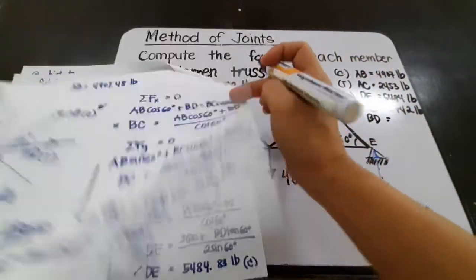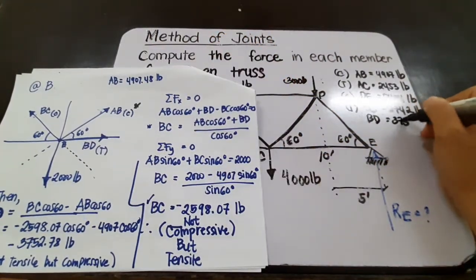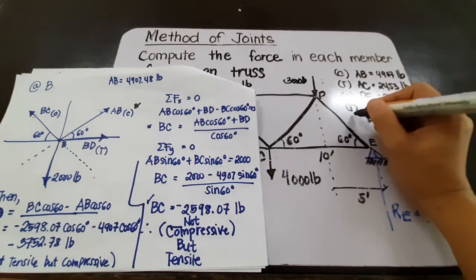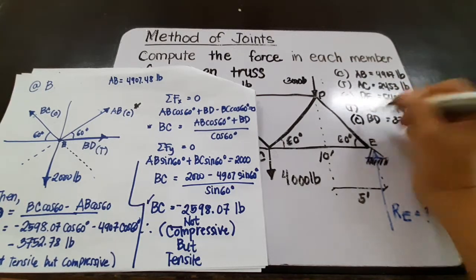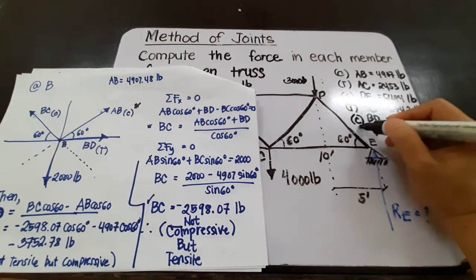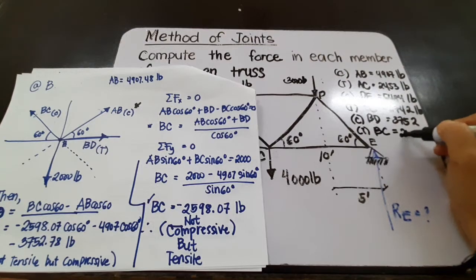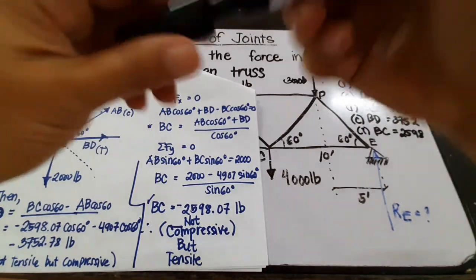Member BD is 3752, and that is compressive. And we have member BC as tensile, and that is 2598 pounds.